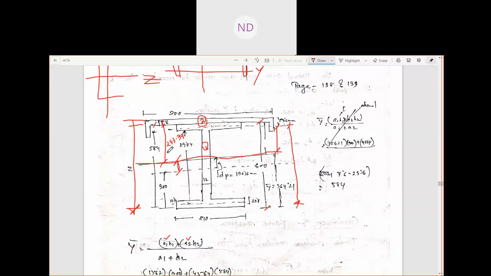This 243.39 was this. Okay, this 300, this was the total 600 plus 7.6 minus 364.21.